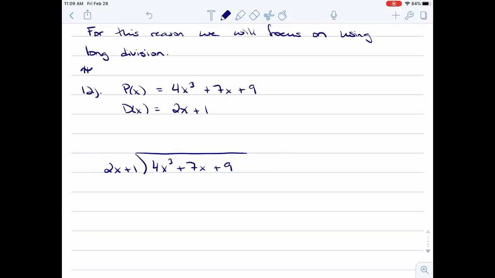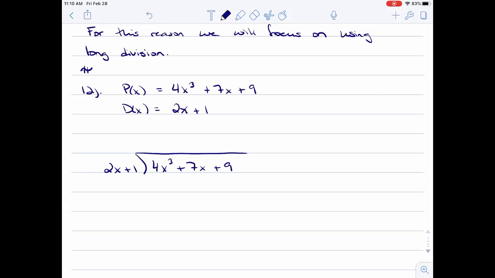So what we did was we said, okay, I have to take the first term of my divisor and divide it into the first term of my dividend. And then the result goes up here. And then I take that and multiply it by this whole thing and put it down here and subtract. So a little bit of machinery here, but once we get into the groove, it's okay.